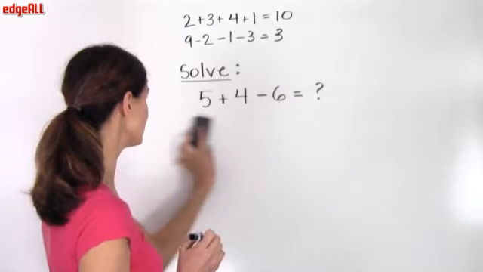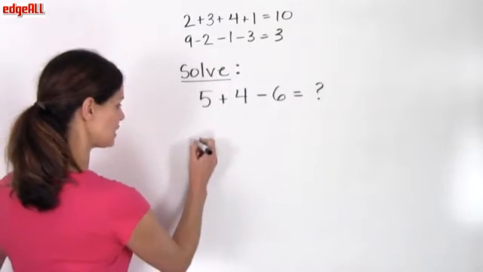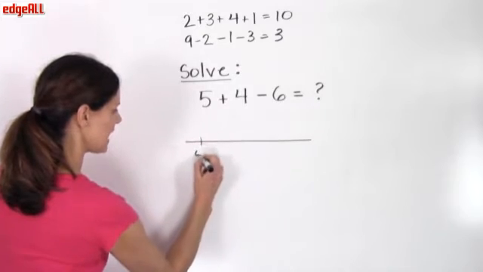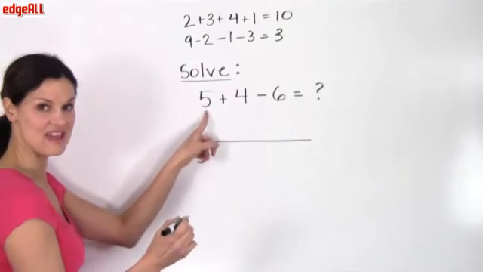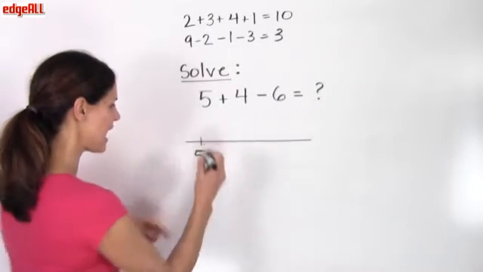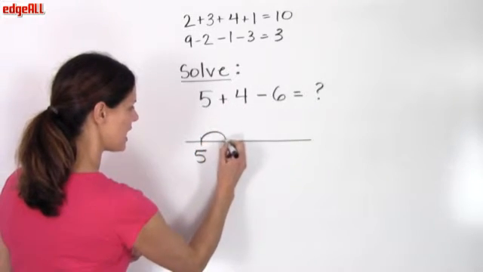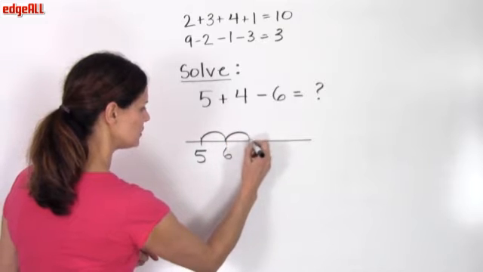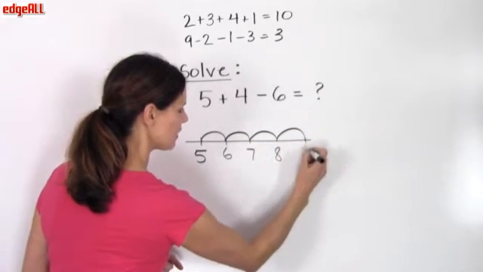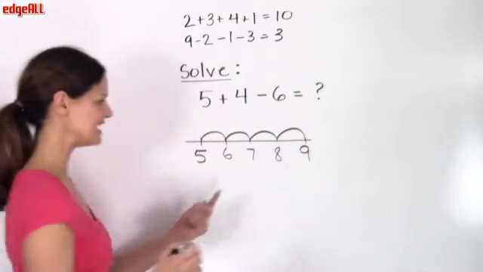I could also, for those of you who prefer to use number lines, you could use a number line. And you can start at 5 and count up 4 to the right. So we'd go 1, 2, 3, 4, and we would end at 9.